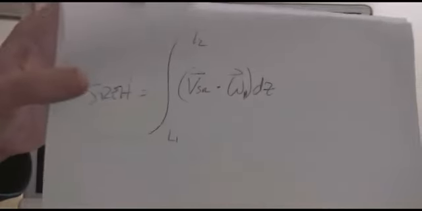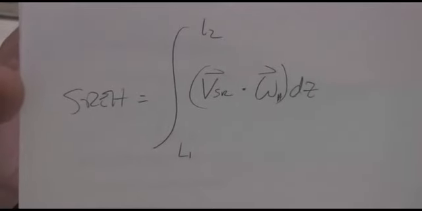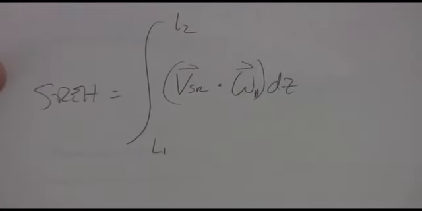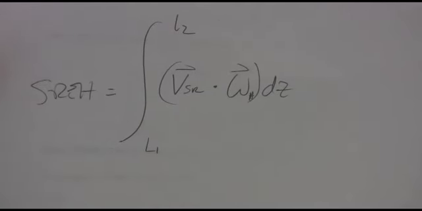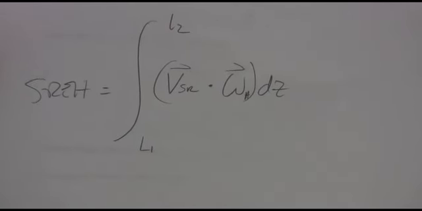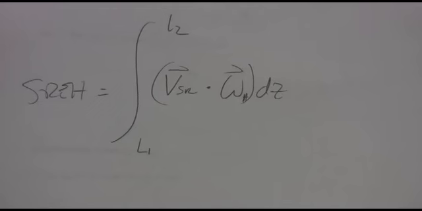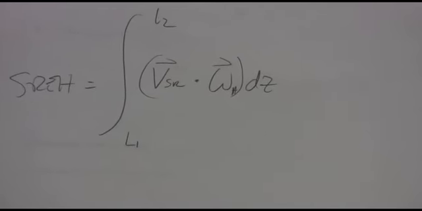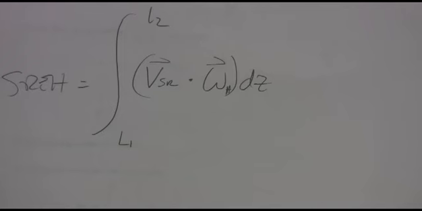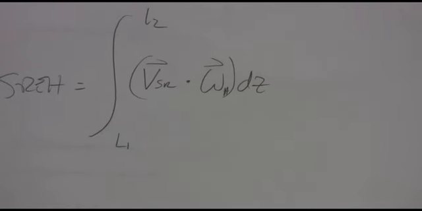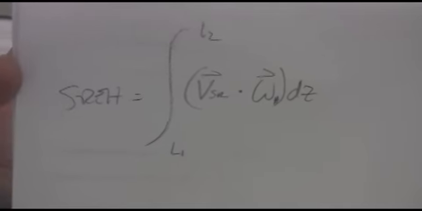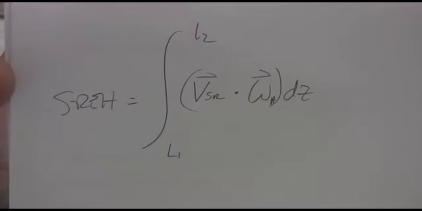That is the horizontal vorticity vector, omega sub H, dz, integrated over a depth. So in other words, it's basically proportional to the cosine of the angle between, if you take the dot product there, the storm relative wind vector and the horizontal vorticity vector, integrated over some altitude. Okay, that's what's called the storm relative environmental helicity.